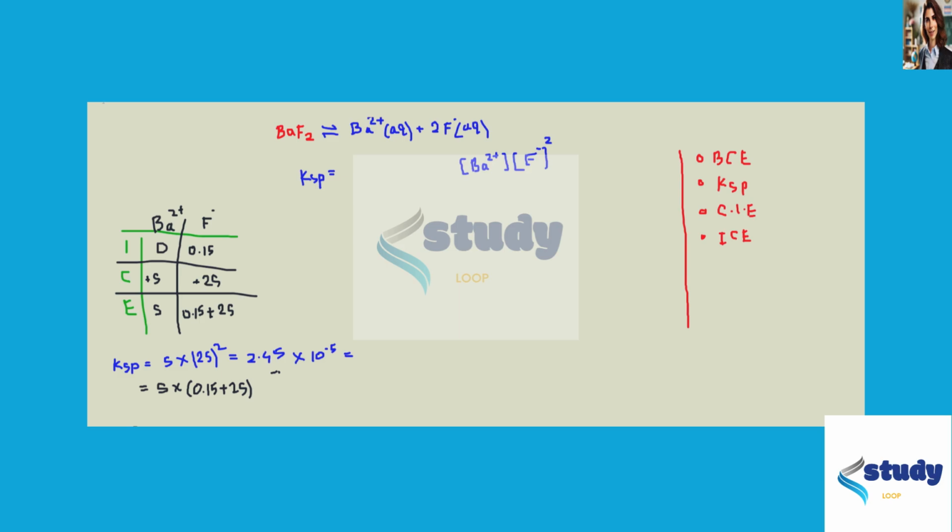And once again, as this solubility product constant is very small, we can take an approximation that this S value will be very small with respect to the 0.15 value. So again, we will ignore it.